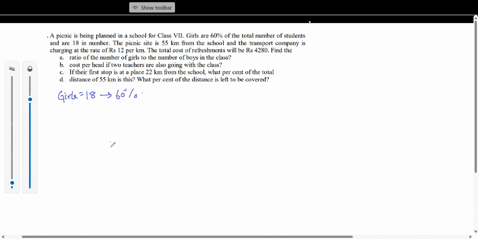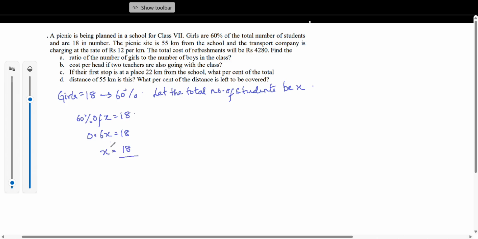So let the total number of students be x. 60% of x is 18. 60% of x is 0.6x is 18, which makes x 18 by 0.6, which is 180 by 6, that is 30.